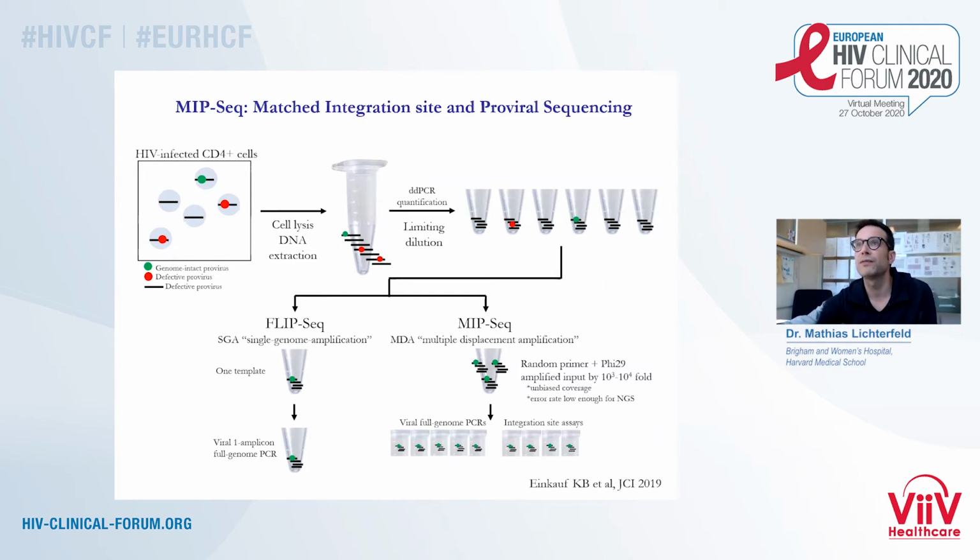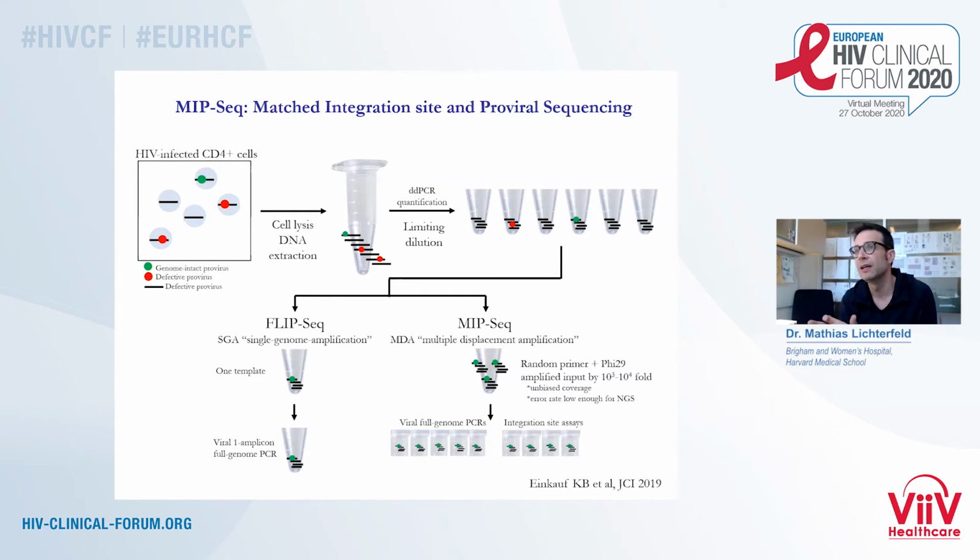Again, the workflow here is that individual proviruses are diluted to single genomes, but instead of using these single genomes then for direct amplification of HIV, we are doing a whole genome amplification step first. And that whole genome amplification, which we are using, it's called multiple displacement amplification, is designed to increase each proviral genome by about 1,000 to 10,000 fold.